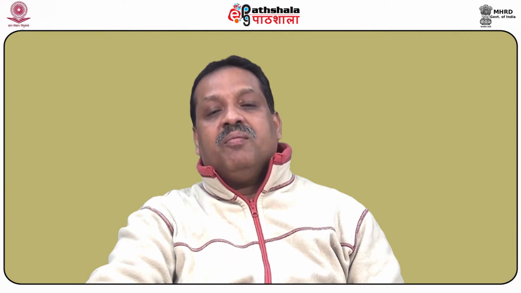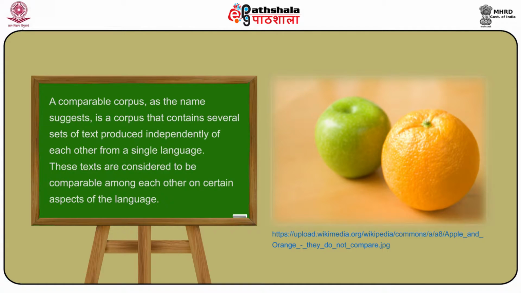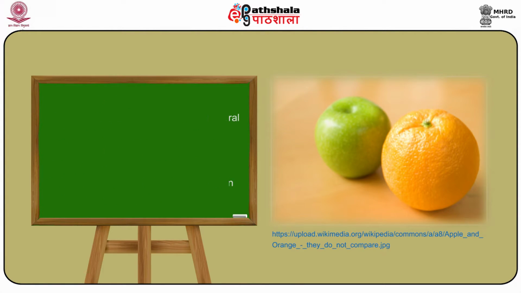Next issue is comparable corpus. A comparable corpus, as the name suggests, is a corpus that contains several sets of texts produced independently of each other from a single language. These texts are considered to be comparable among each other on certain aspects of the language.